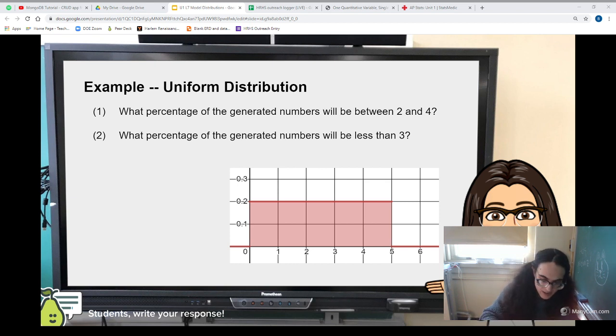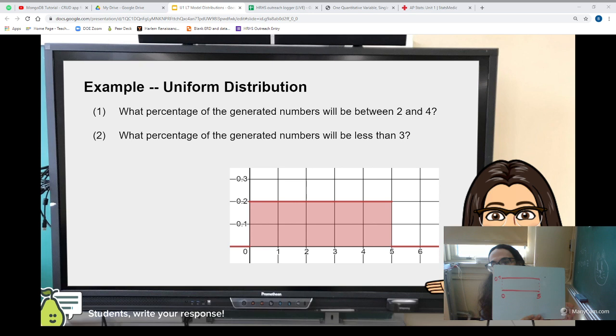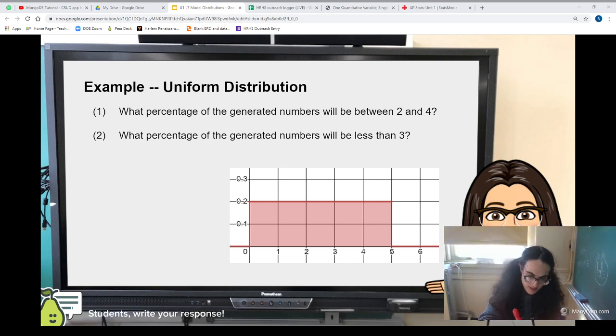So we have essentially this rectangle going from 0 to 5. The height is 0.2. And now we're asking, what is the probability that the next generated number is between 2 and 4? We see 2, we see 4, and we want to see what this area is going to be.